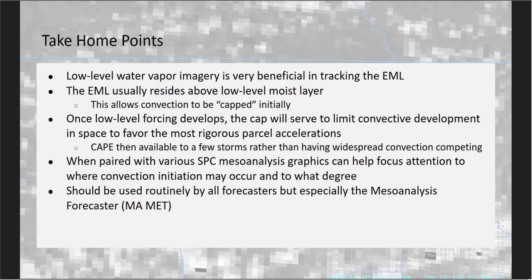And of course, whenever your offices are trying to incorporate mesoanalysis, forecasters more and more, which is a great thing, trying to use all these different tools and make them available in the toolbox to help really hone in on where the DSS needs to occur. And that's all I got.